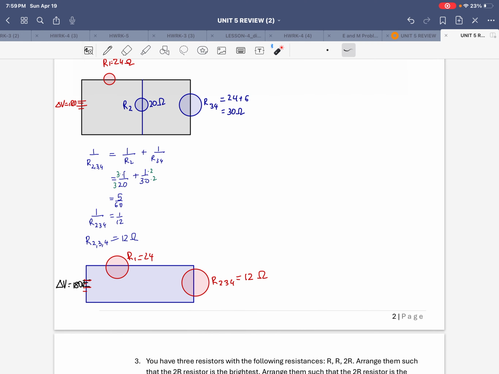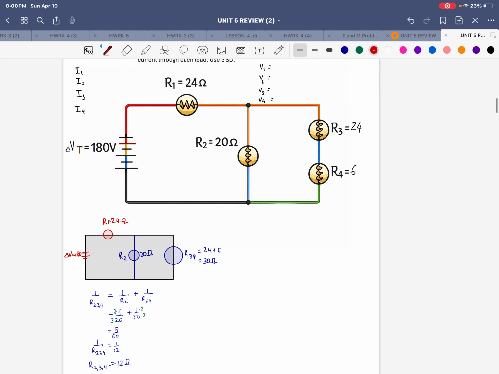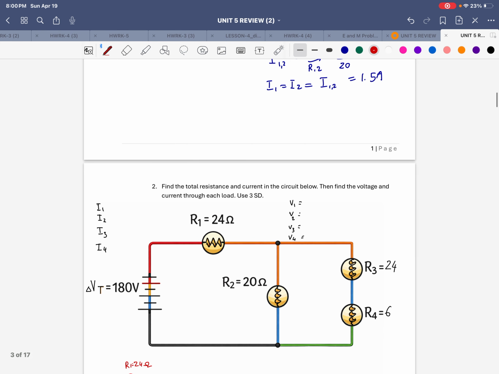So as you can see now, R1 and R234 are in series, and the total resistance is going to be R1 plus R234, which is 24 plus 12, or 36 ohms. So with this, we have answered the first part of the question. So we're asked to find the total resistance, and the total resistance is equal to 36 ohms.